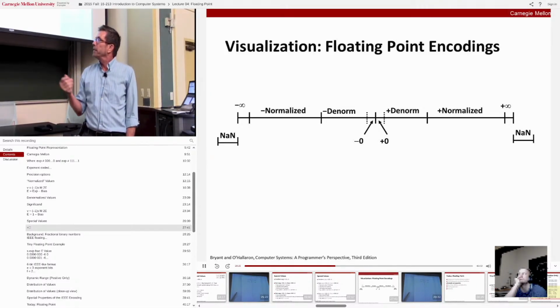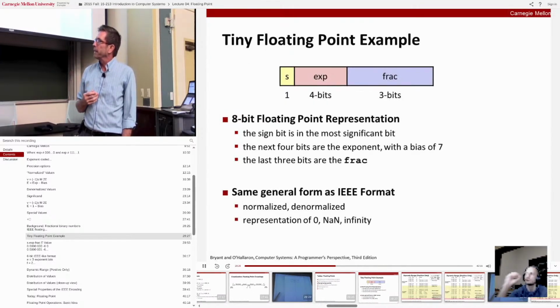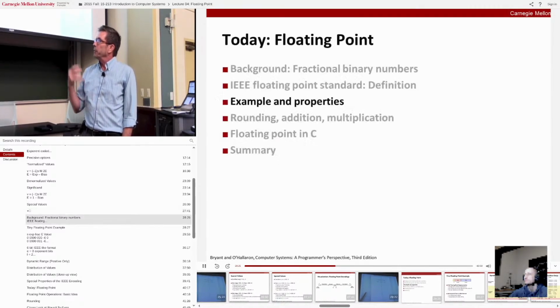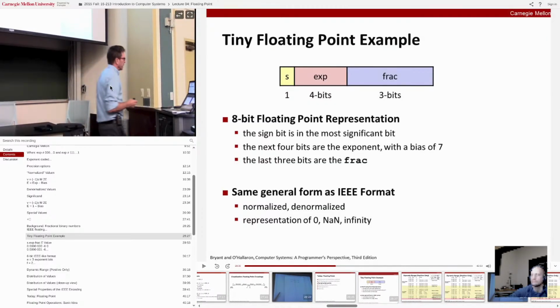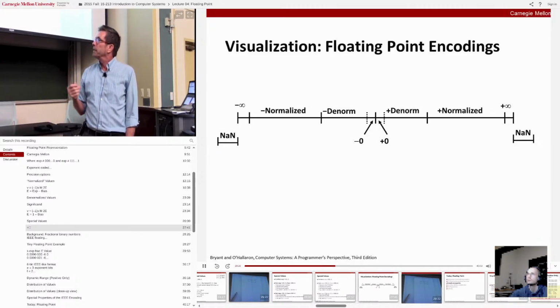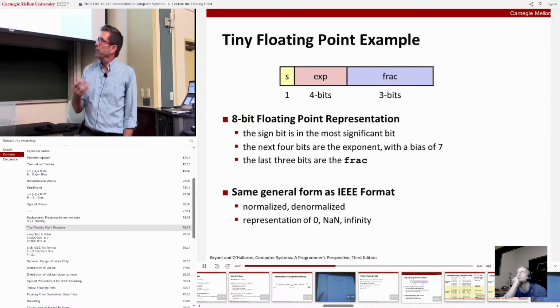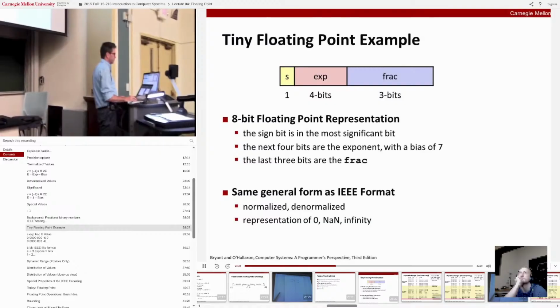And then you have positive infinity. You have a similar situation for the negative numbers, and then negative and positive not a numbers.